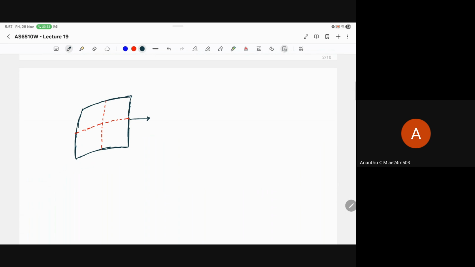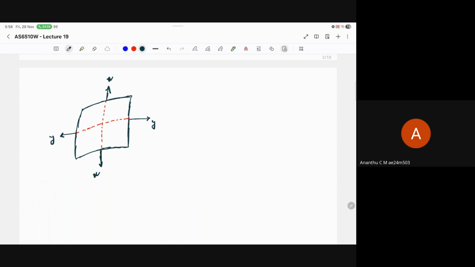So this is your y-axis, and then we have the x-axis here. And similarly, we'll have the x-axis here, and then we'll have the x-axis here, y-axis. So we have this x-axis both sides. Okay.